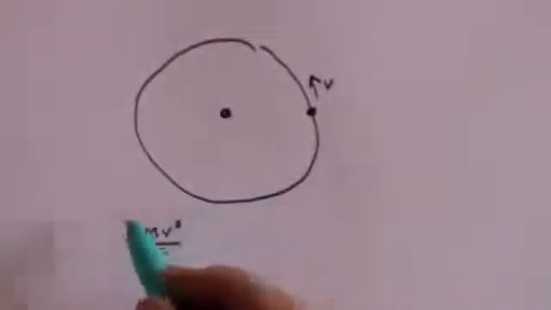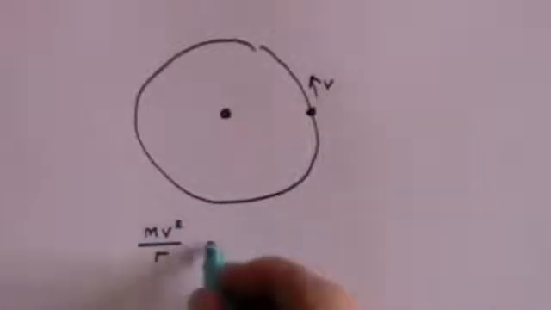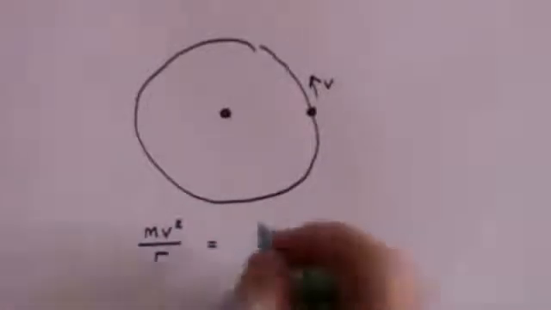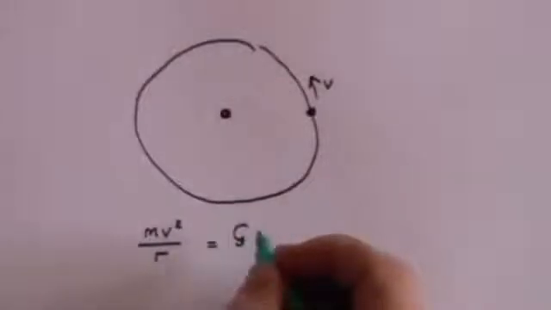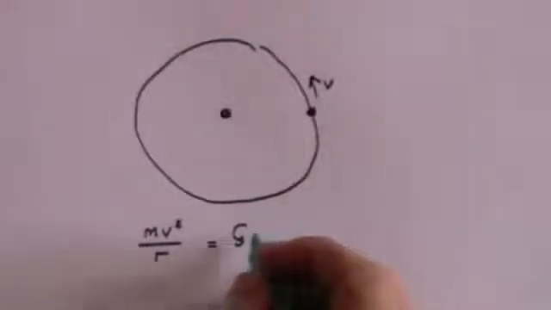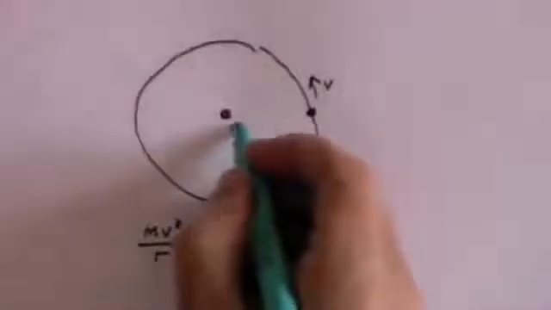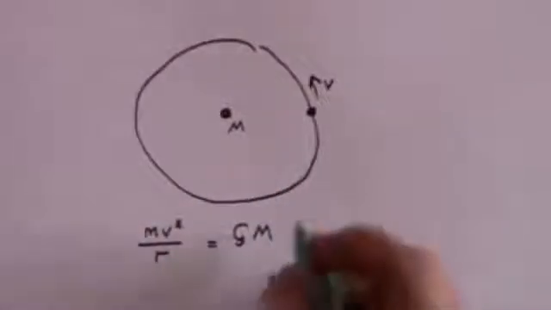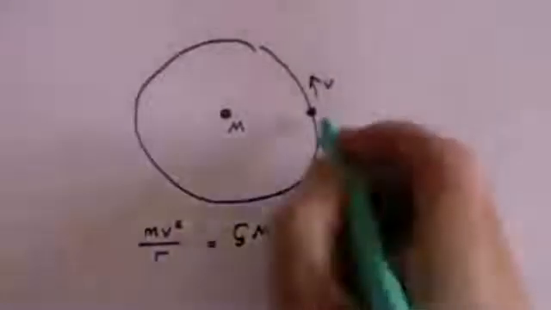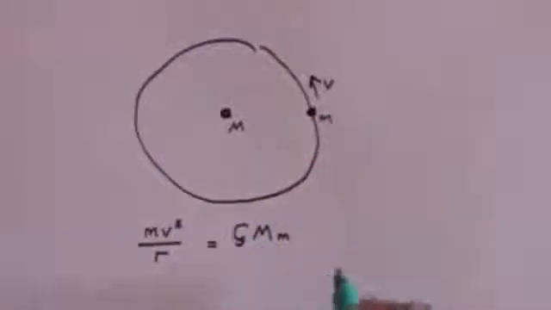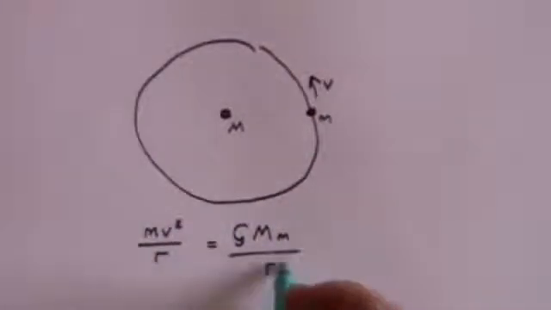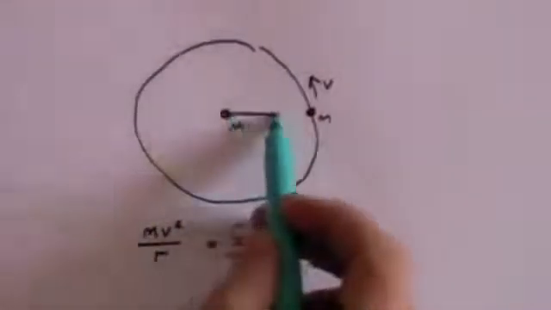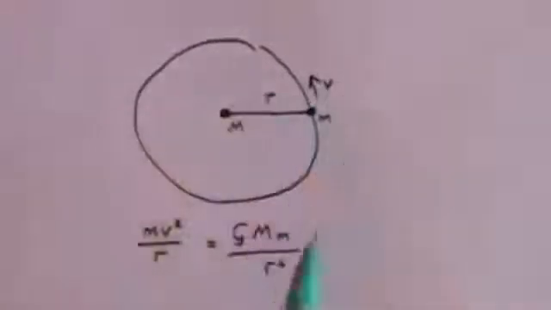And that force is provided by the gravitational force, and that we said was G, which is the gravitational constant, times capital M, which is the mass of the Sun, times little m, which is the mass of the planet, divided by r squared, where r is the distance between the Sun and the planet.